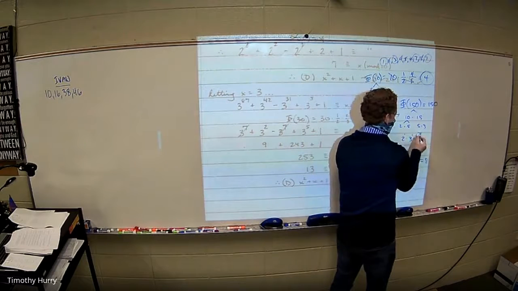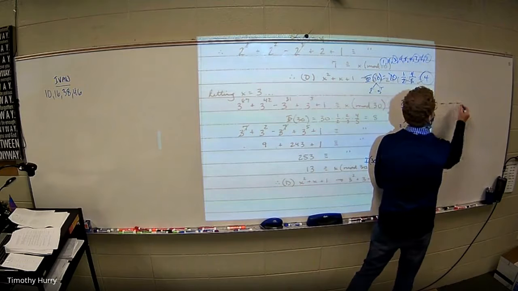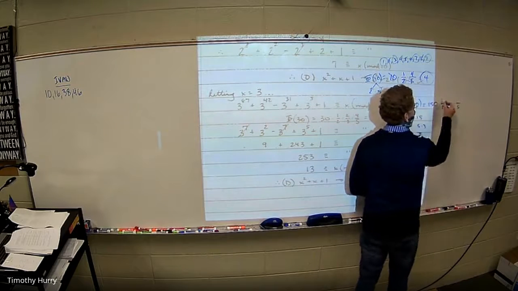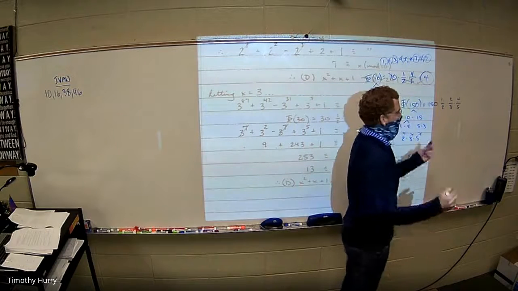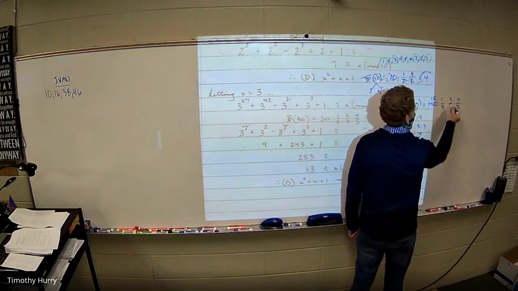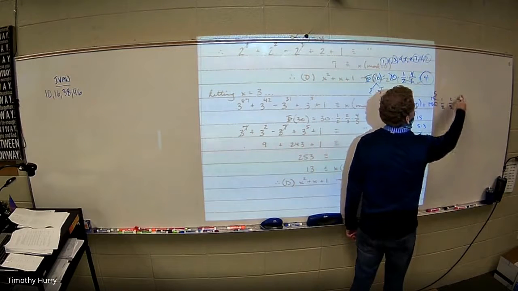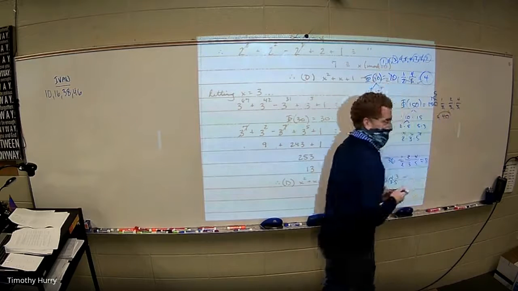Ignore the powers, right? Write 2, 3, 5 at the bottom of the fractions. Decrease them by 1. And then just simplify. So that 10 cancels with that. That 3 cancels with that. And you get 8 times 5 is 40. So phi 150 is 40.